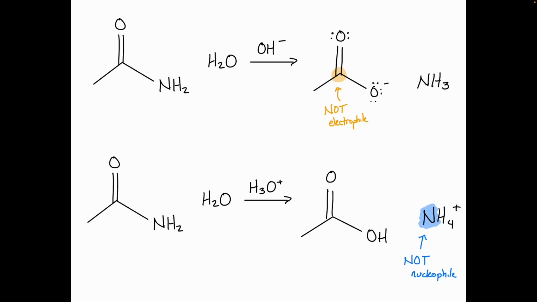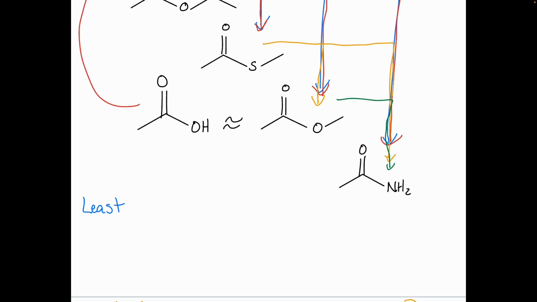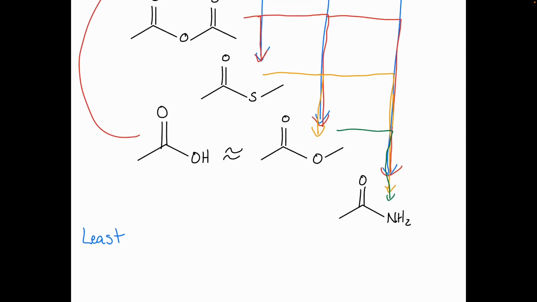All right, so this is a little surprising based on what we learned last class about ranking all of these carboxylic acid derivatives from the most reactive to the least reactive. This is actually going to be a reaction that goes back to the carboxylic acid, but it's a little bit more complicated.